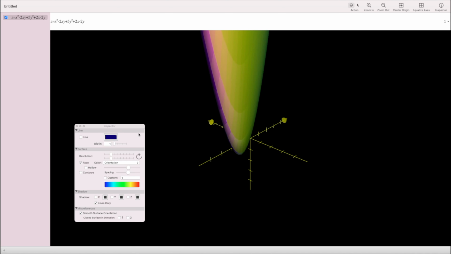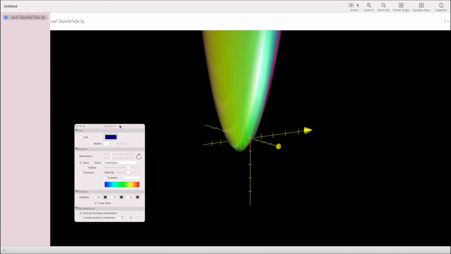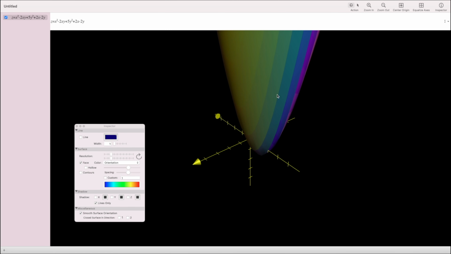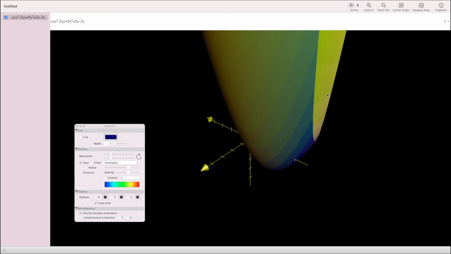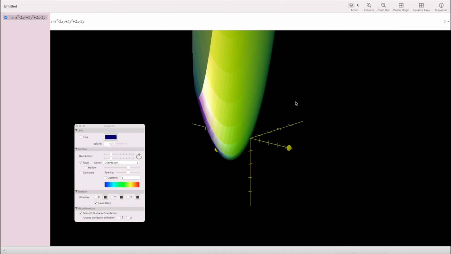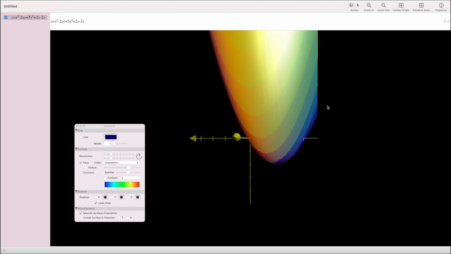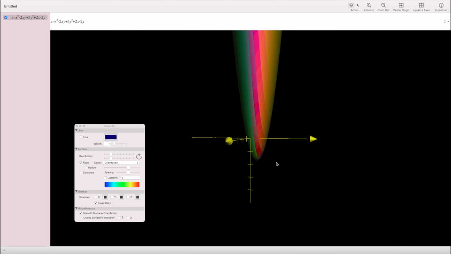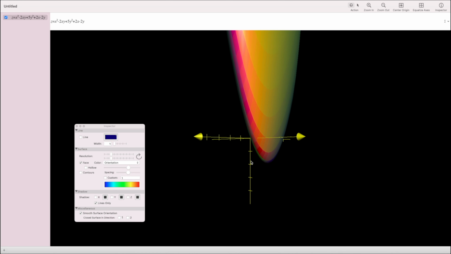The function looks like this. It's a paraboloid, you see, and it does have only one point where x is negative 1 and y is 0. As you see in the shape, it's a local minimum.